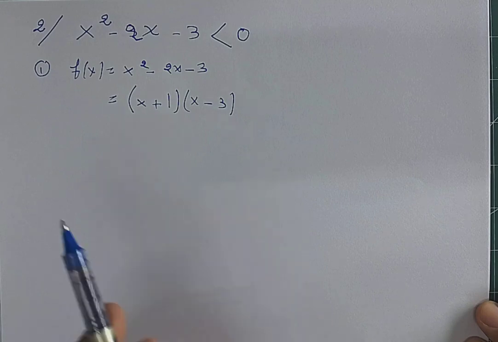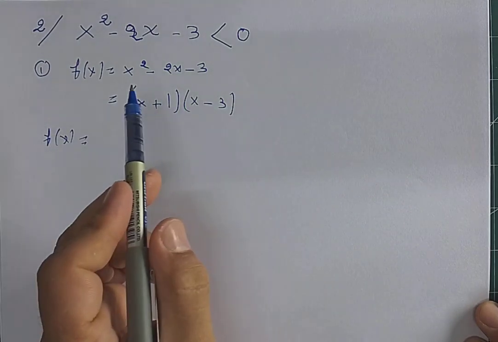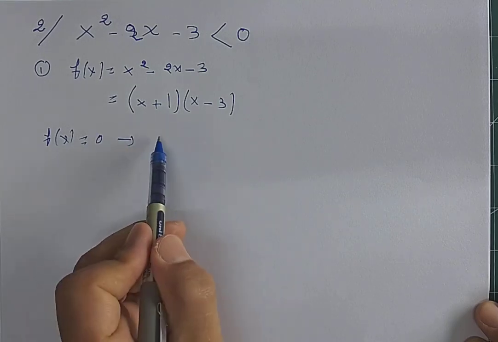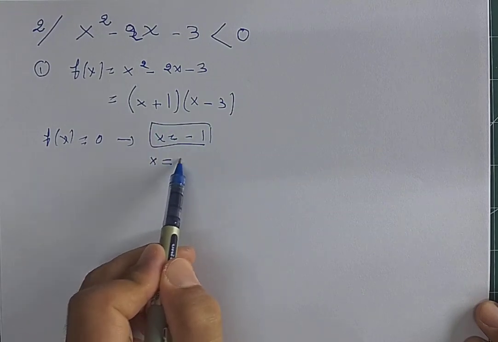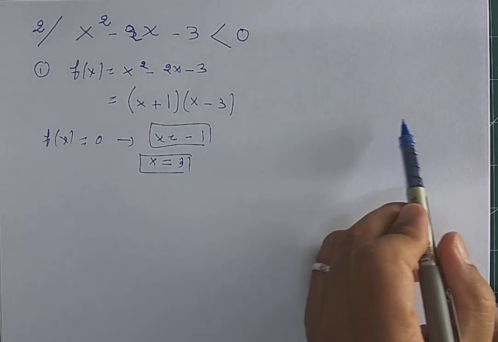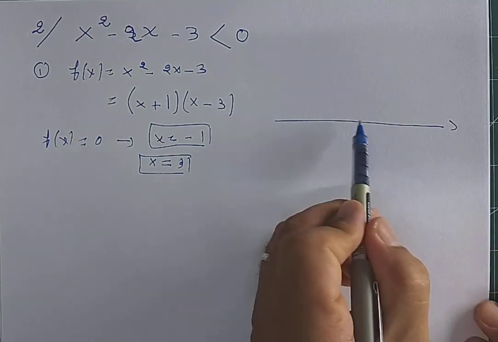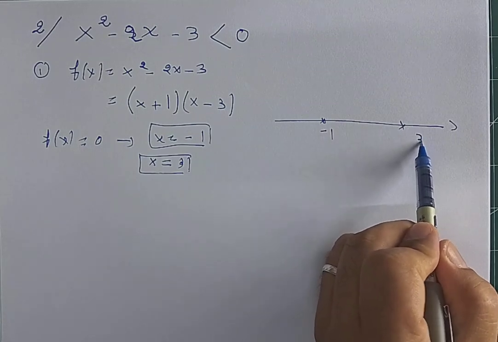So here f(x), the intercept with the x-axis, f(x) equals 0. So x will be minus 1 or x equals 3. These are the 2 points. So when you draw here, we have the x-axis, here minus 1, and here is 3.